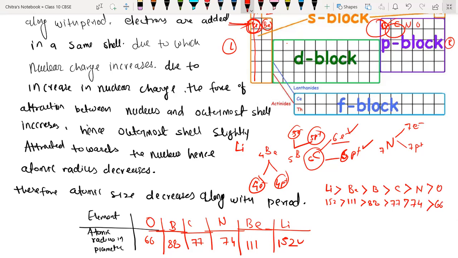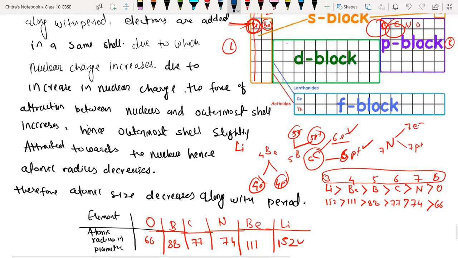See, the atomic number of lithium is 3, beryllium 4, boron 5, carbon 6, nitrogen 7, and oxygen 8, and these elements belong to the same period. Is it, everyone? Yes, sir.